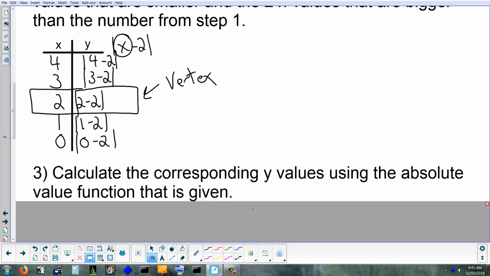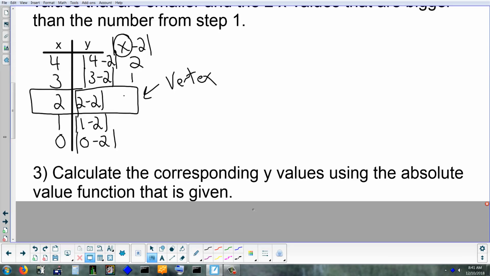It'll make sense. 4 minus 2? 2. What's the absolute value of 2? 2. 3 minus 2. What do you get? 1. What's the absolute value of 1? 1. 2 minus 2. 0. Absolute value of 0? 0.